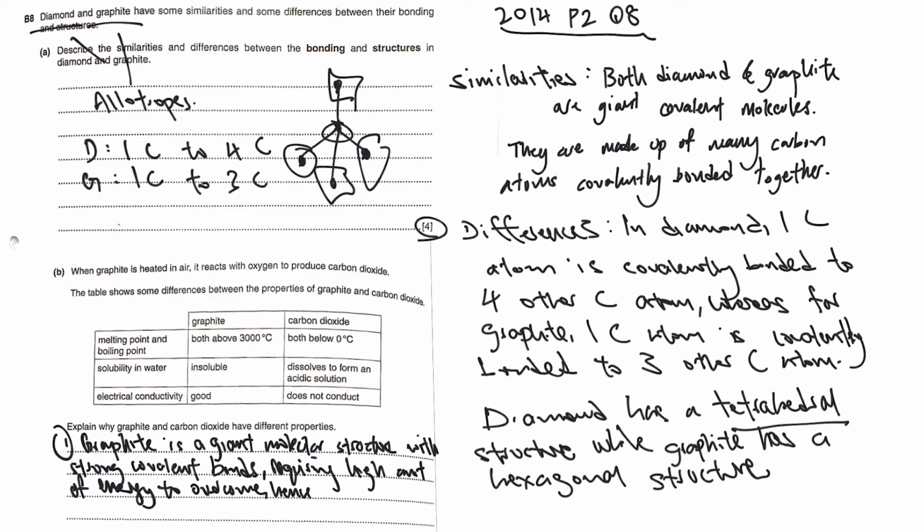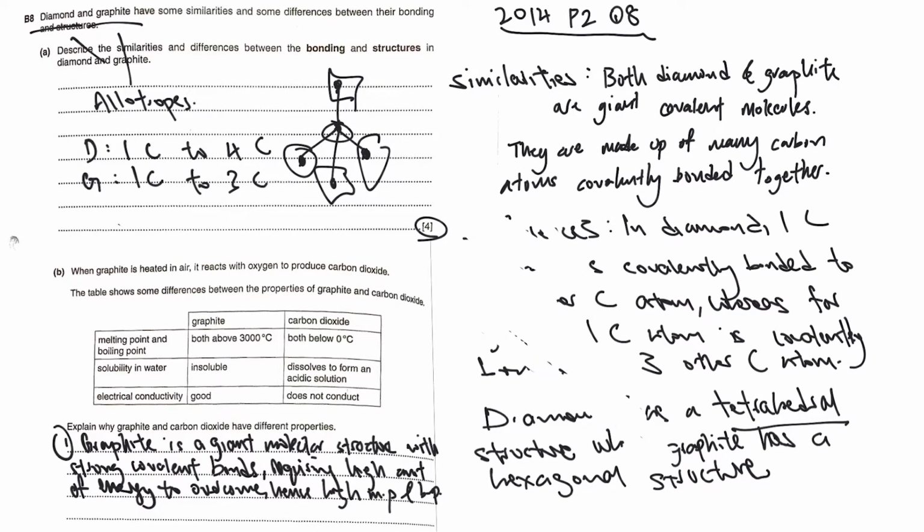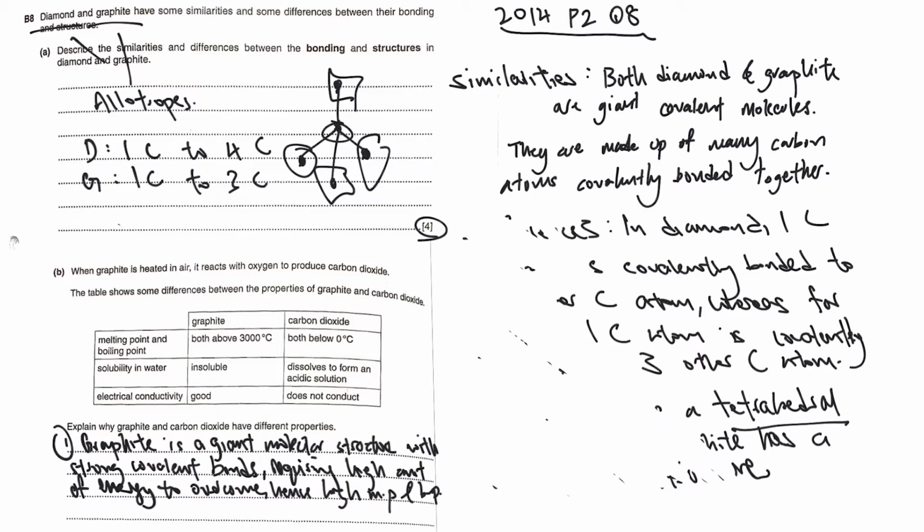Hence, they have high melting point and boiling point. Right? This is your first point. I have run out of space, so let me just remove this portion of the answer so that I will have some space to write.